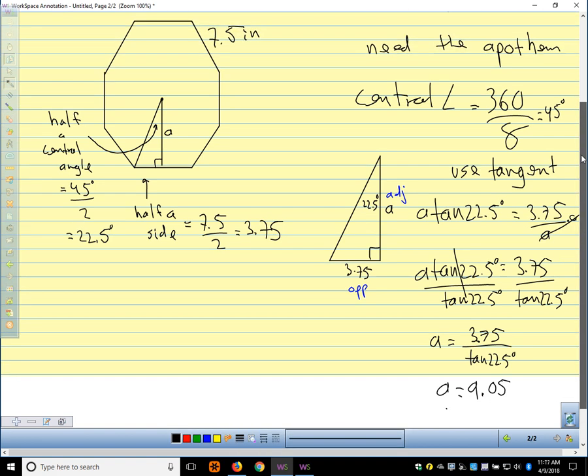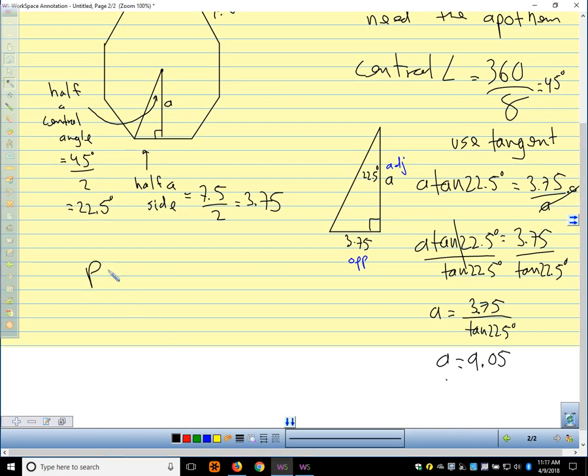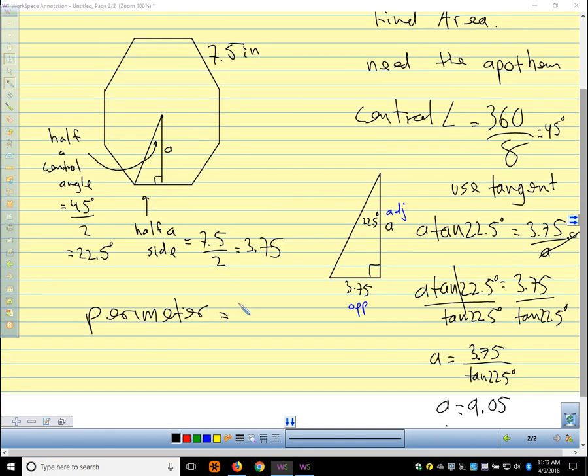We also need to plug in the perimeter into our equation. Well, the perimeter is going to be, the side length is 7.5 times 8. 7.5 times 8 is 60.